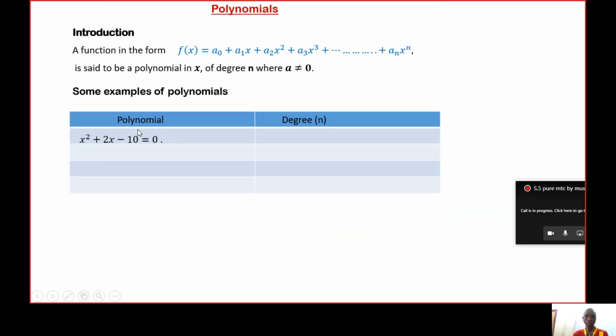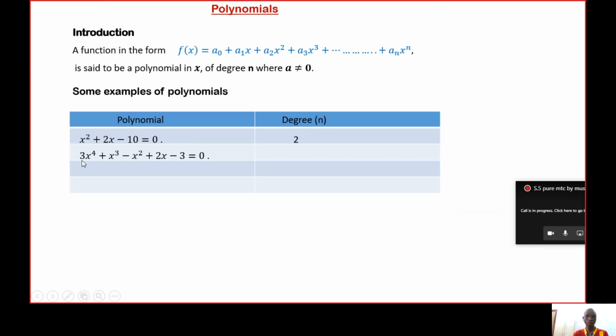So when you check this polynomial here, the highest power of x in this polynomial is 2. So therefore, it is of degree 2. All right? That is for this polynomial here. The next polynomial, yes, look at this.